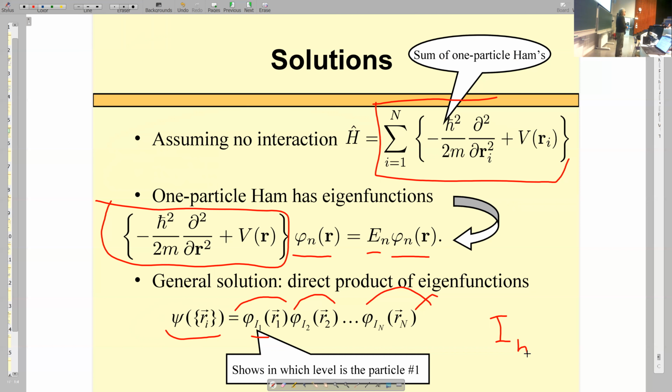For each particle, you choose which level it goes to, and that row of choices for all particles gives you the wave function.